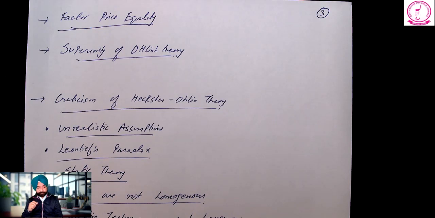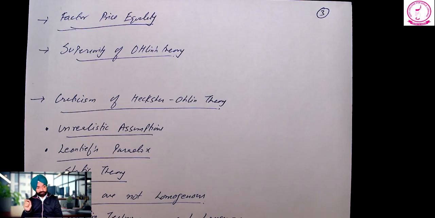So what will happen? Germany will import more labor intensive goods, and India will import more capital intensive goods, or they will import more capital. India will import more capital, and Germany will import more labor. So what will happen to their wages, factors of production?